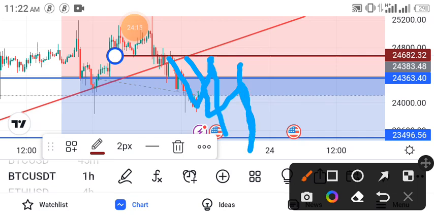But I think it will come back to this area and give us double top vibes. So I'll put my sell limit at 24682, or 24363, and then put my stop loss above this 24682.